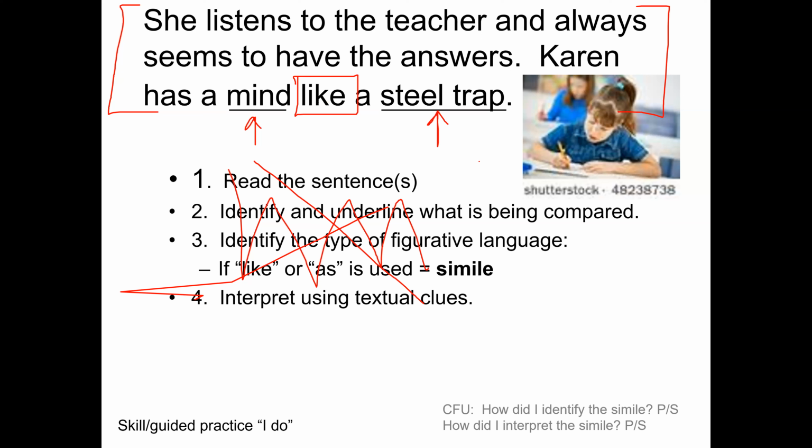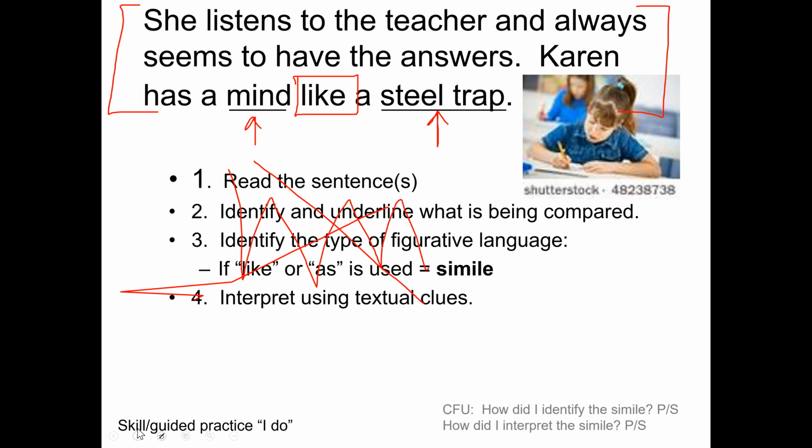Okay, let me ask Chai. What does it mean that Karen has a mind like a steel trap? It means that her mind is fast and sharp as a bear trap.